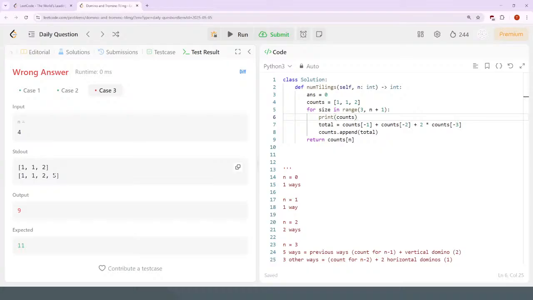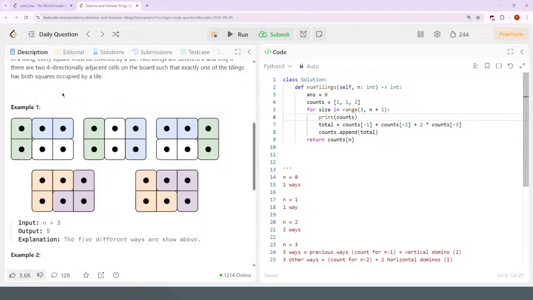So it should be 5 plus, no, actually okay, I'm confusing it. The output should be 11. Okay, so what am I missing?